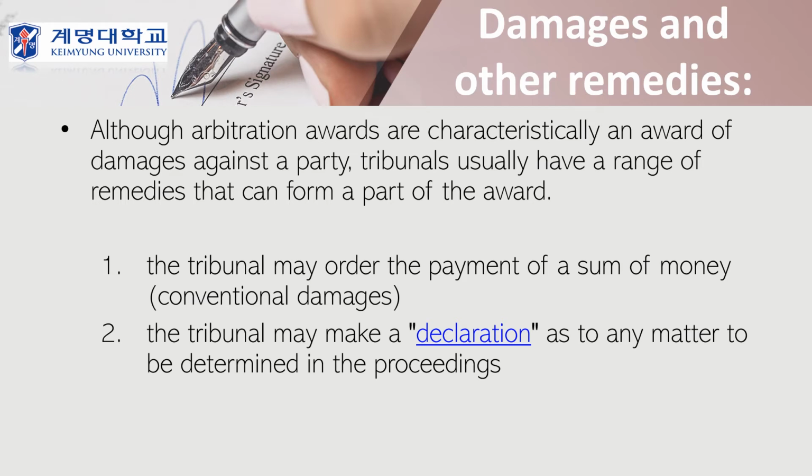For example, the arbitrator may decide it is the responsibility of a party to do the delivery on time, or declare that the property belongs to party A or the property belongs to party B. Okay, so those are some of the declarations in the arbitration award.